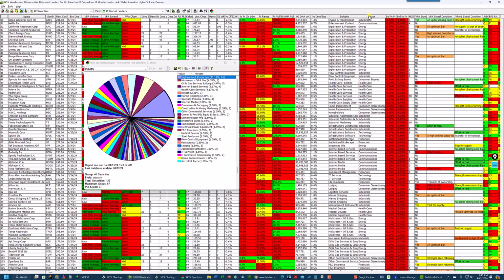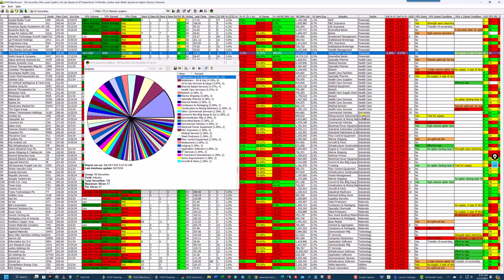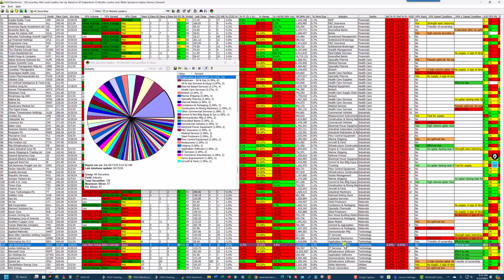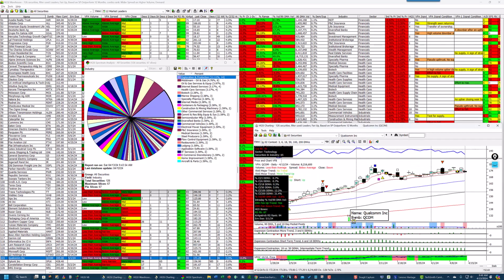Let's do the sector here. I'm going to look for the tech sector down here at the bottom. There's that one semiconductor, Lam Research. And the semiconductor device is Qualcomm. Still holding up, it looks like.